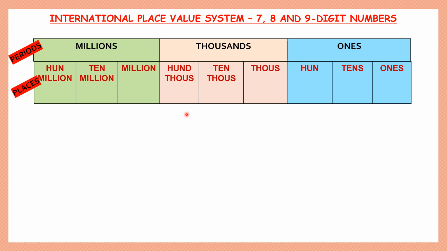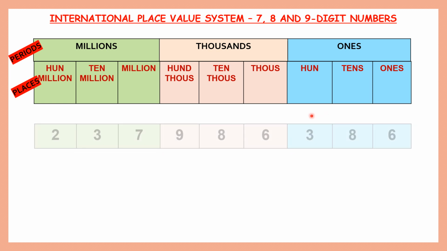We don't have 100,000. Then in the international system, the next 3 digits come under the millions period, the places are million, 10 million and 100 million. So there are 3 digits in the ones period, 3 digits in the thousands period and 3 digits in the millions period. So when you place commas after each period, as you can see here.